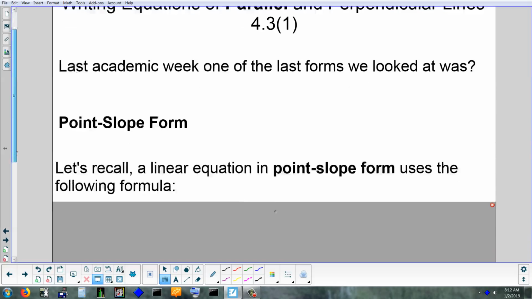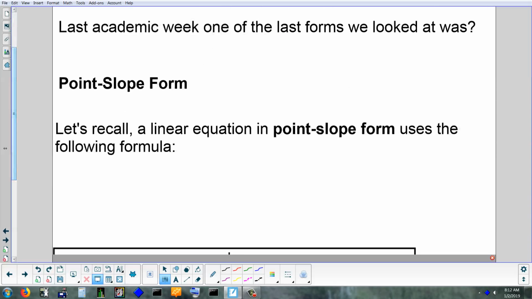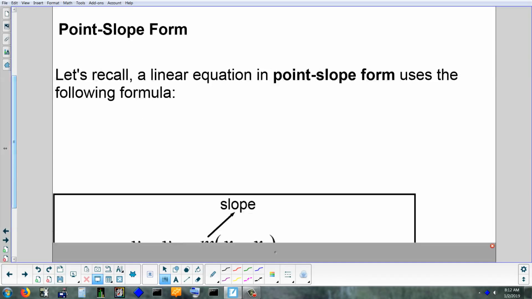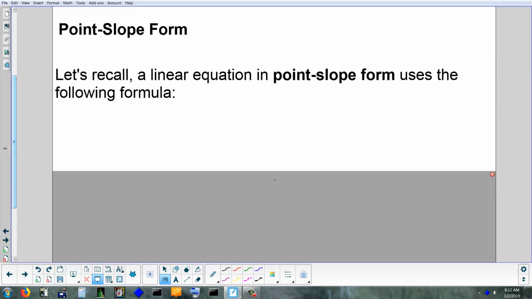Now, let's just go through the formula one more time. Someone remind me, how does point slope start again? What's the first thing you put? Y. All right. What comes after that? Minus. And next thing you put? Y1. Okay. The next thing is just a symbol or sign.